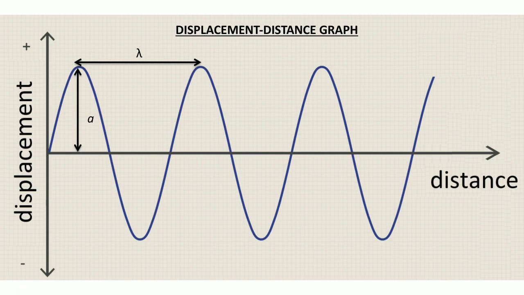The lambda represents the wavelength of the wave, and it can also be taken from crest to crest or from trough to trough. This is the displacement distance graph.